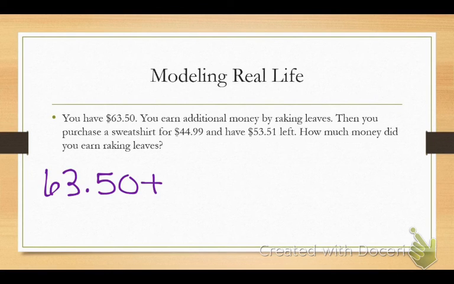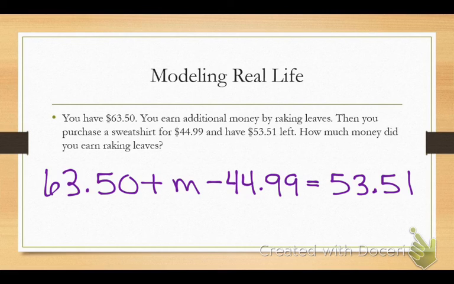$63.50 plus what? X, S, R, L, whatever variable you want to use. I did M for money. Minus $44.99. Why did I minus it? Because I spent it. All right, so that's negative, equals $53.51. What do I do now?